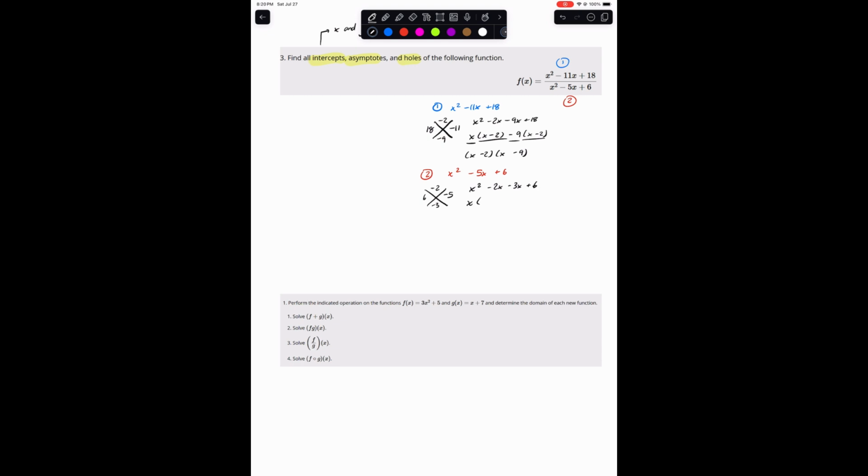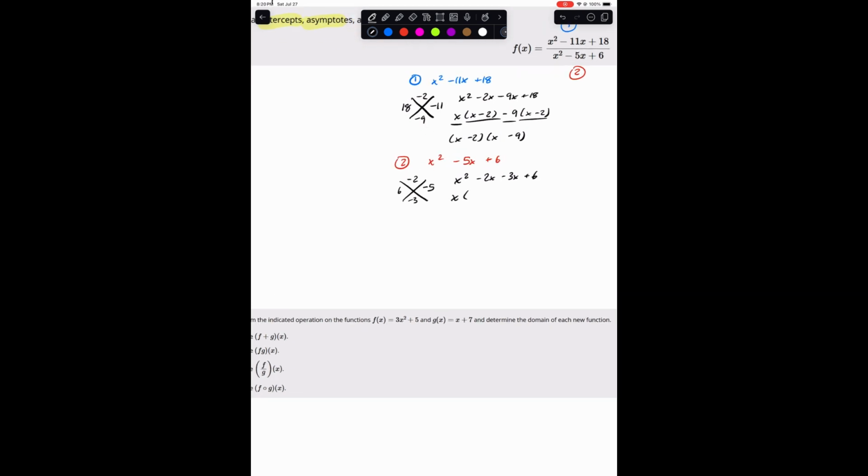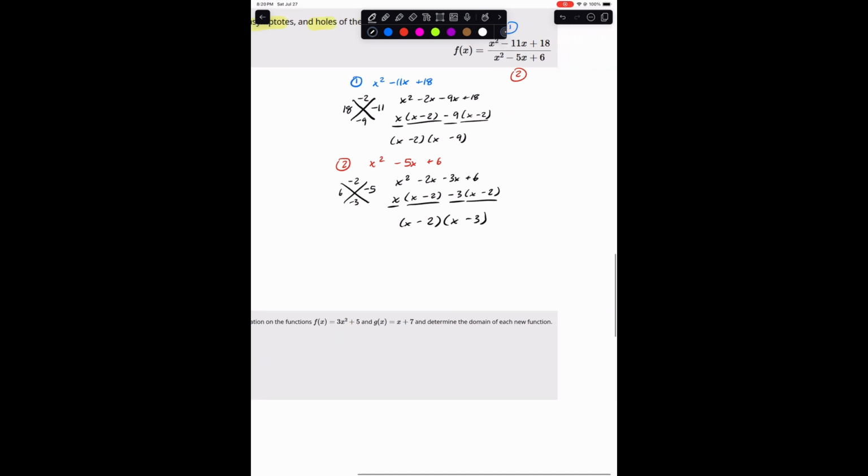Taking an x out of the left side, left with x minus 2. Take a negative 3 out from the right side, left with x minus 2. Same factor, take it out, put in the rest. And now we form our newly factored function.